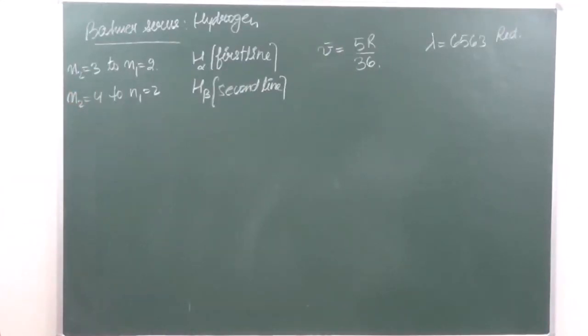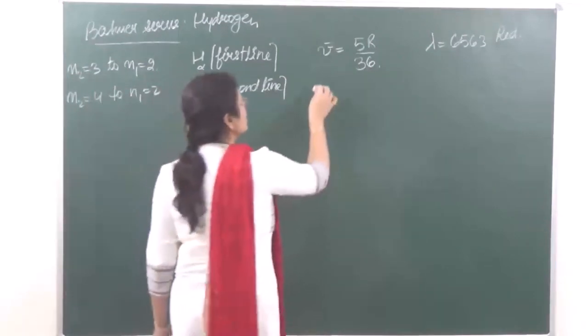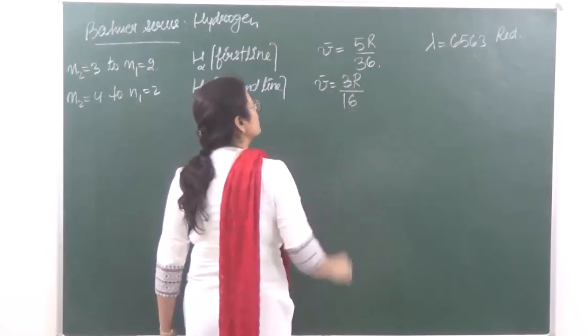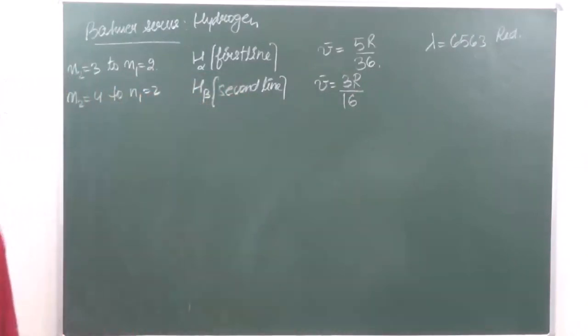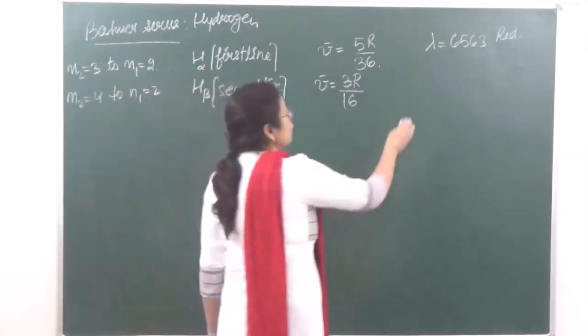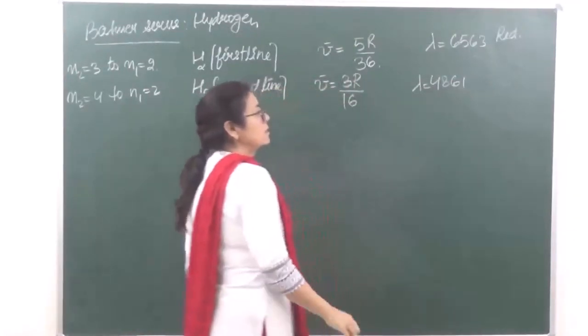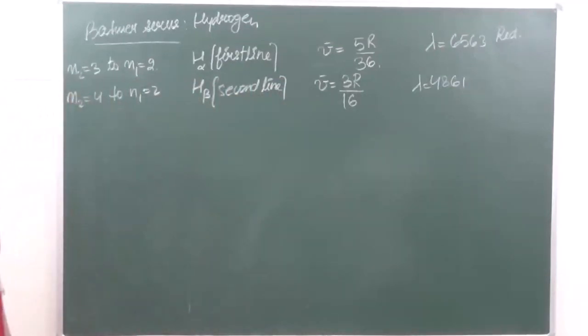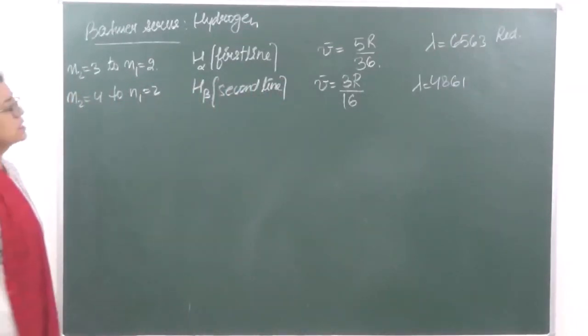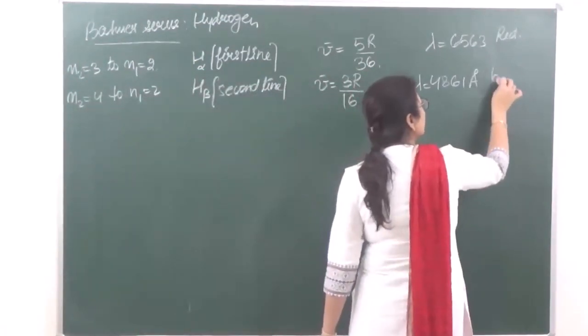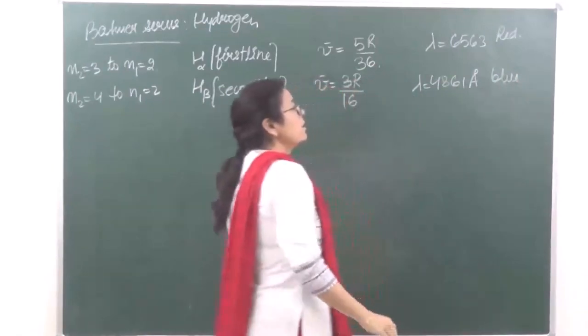Okay, for this, nu bar comes to 3R upon 16, and the lambda is of the order of 4861. Right? And these wavelengths are given in Angstroms: 6563 Angstroms, 4861 Angstroms, and the color which we observe over here is going to be blue.